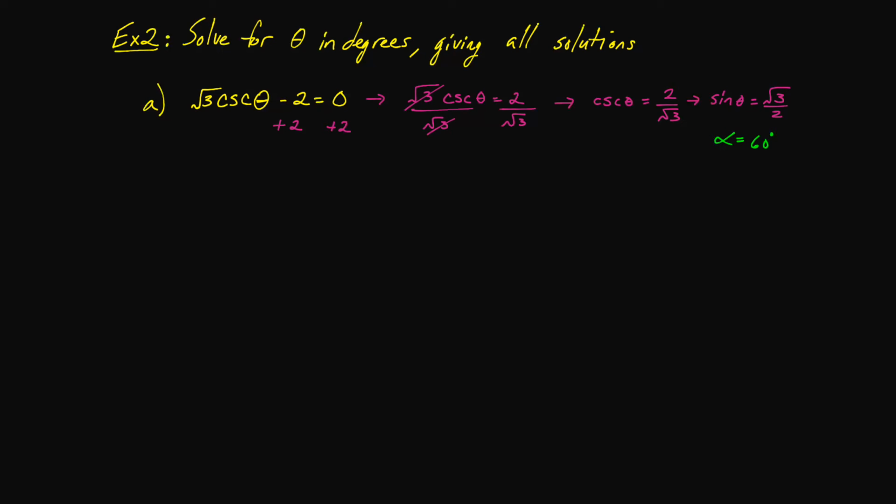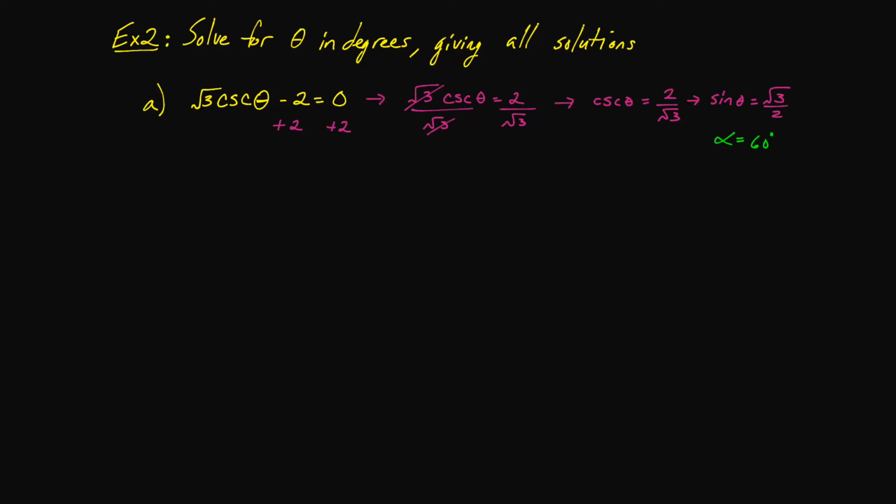So if we start off looking at our angles, our first 60 degree angle is going to be root 3 over 2. Every single full rotation after the fact has to go back to 60 degrees, and it's going to be, again, root 3 over 2.